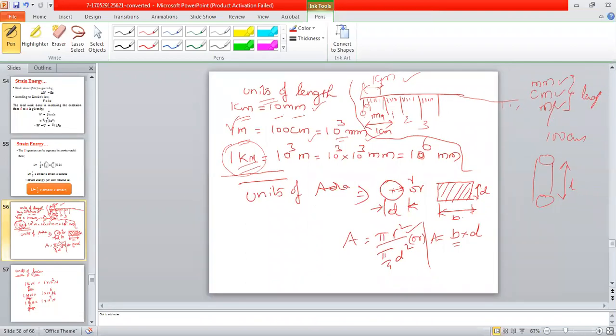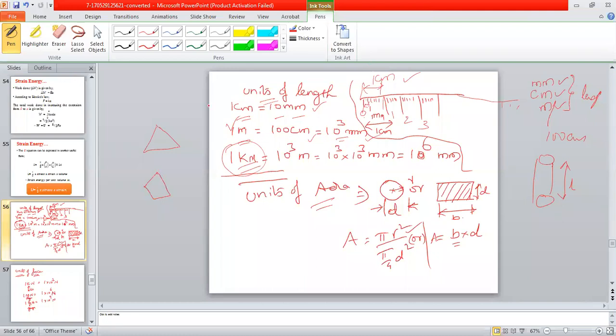Next, the second one is area. Here we have different types of areas. It may be a circular area, a rectangular area, a pentagonal area, a triangular area, a prism, or a square.